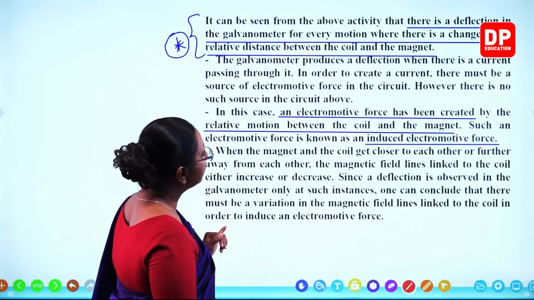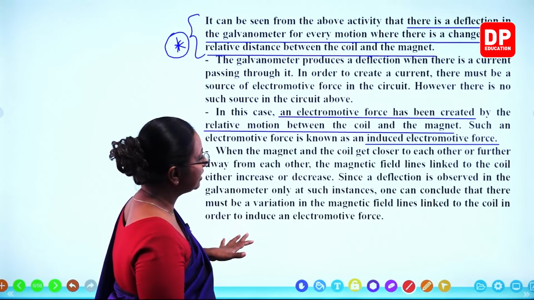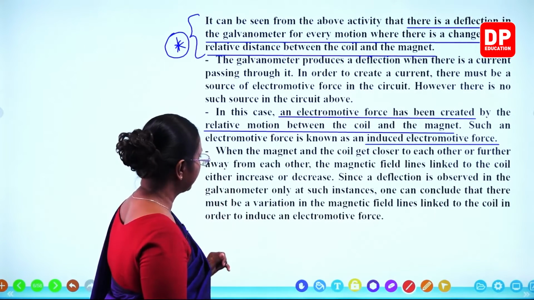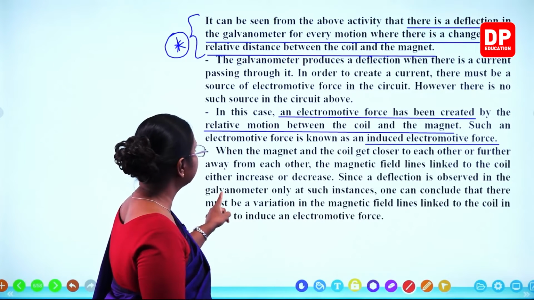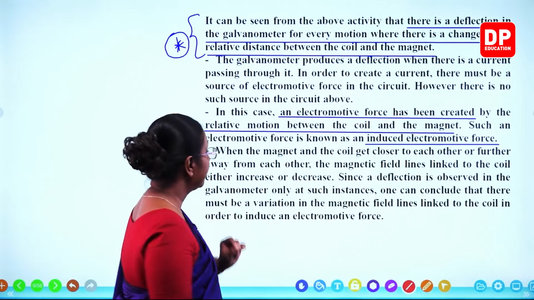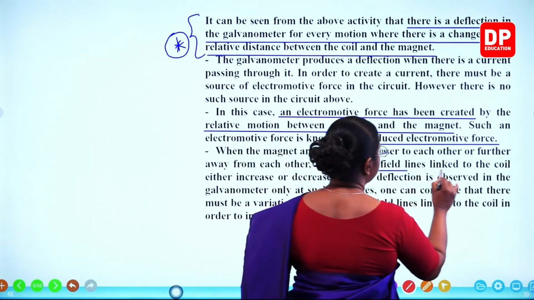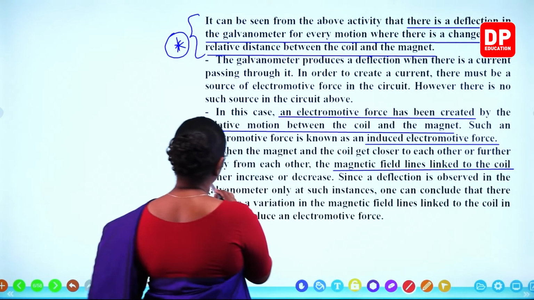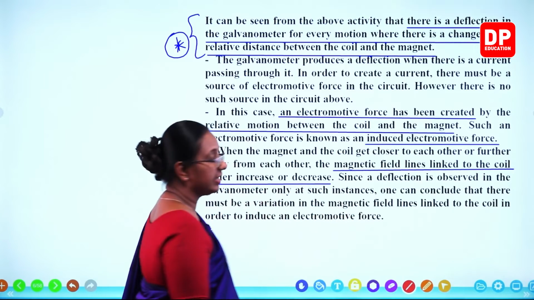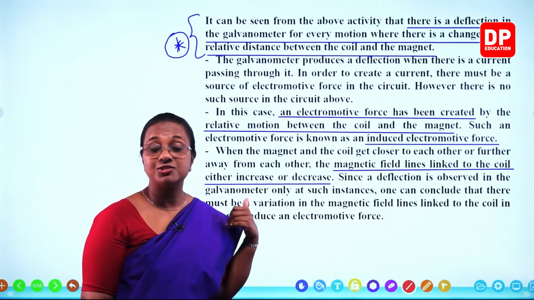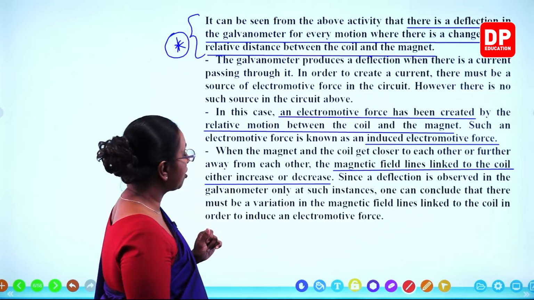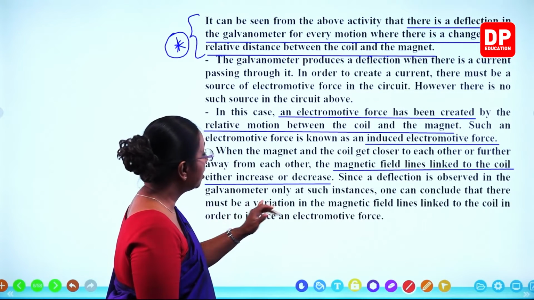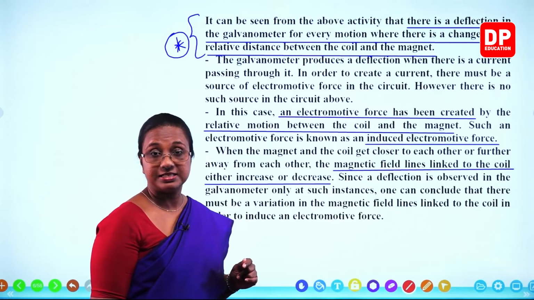So when the magnet and the coil get closer to each other or further away from each other, the magnetic field lines linked to the coil either increase or decrease. That is what is important. Magnetic field lines linked to the coil either increase or decrease. That is what I said, variation in the magnetic field lines. Since a deflection is observed in the galvanometer only at such instances.